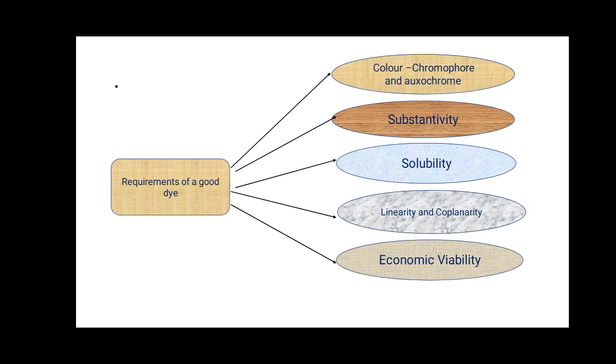What are the requirements of a good dye? Color and chromophore. A dye has a chromophore and an auxochrome group. The chromophore is actually responsible for the color, whereas the auxochrome intensifies the color. Substantivity means the affinity, that is attraction, between the dye and substrate molecule.